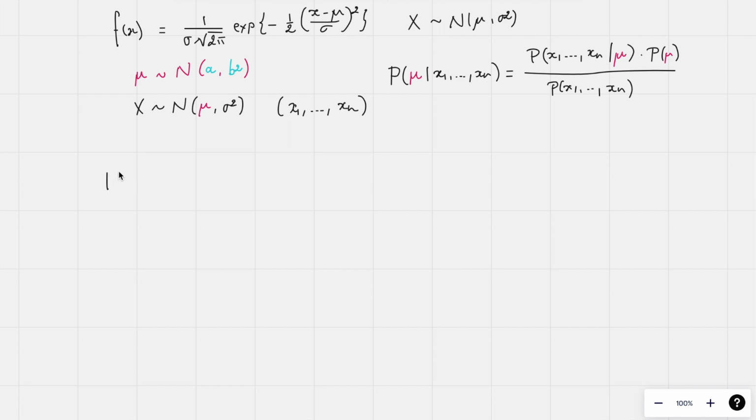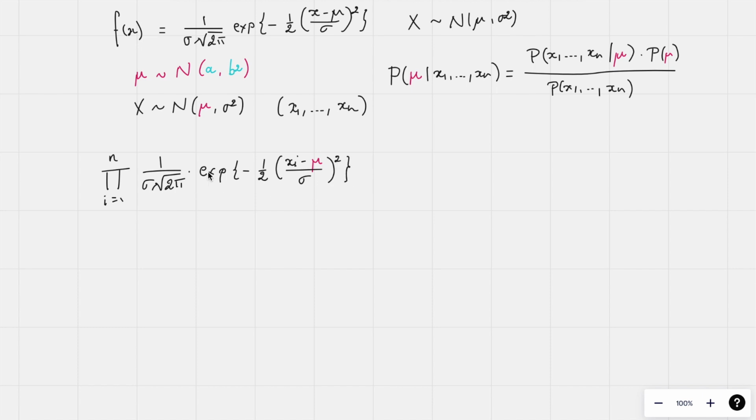So we say that the numerator is equal to the product with i equals 1 to n of 1 over the standard deviation sigma times the square root of 2 pi term that is here, times the exponential of minus 1/2 times x_i minus mu divided by sigma, everything squared.